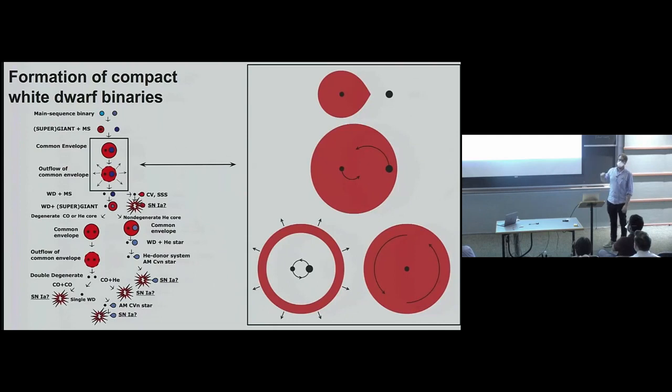For example, you can make CVs from stable Roche lobe overflow, or have another common envelope and make double white dwarfs. So there are lots of different channels that make different kinds of compact white dwarf binaries. And these binaries all have short orbital periods, from days or weeks, down to hours or even minutes.